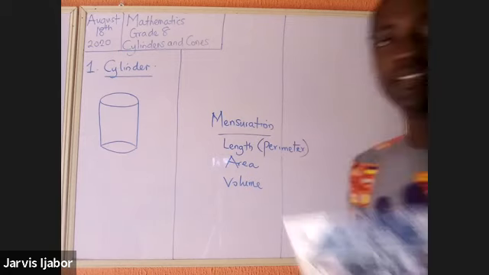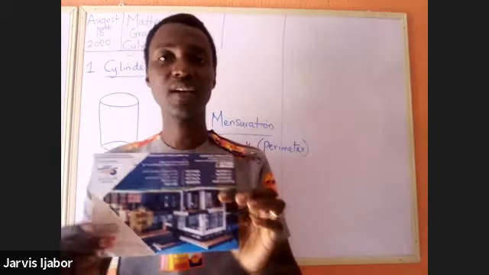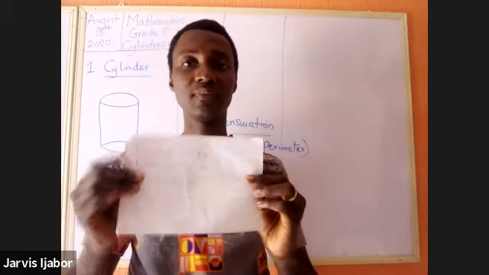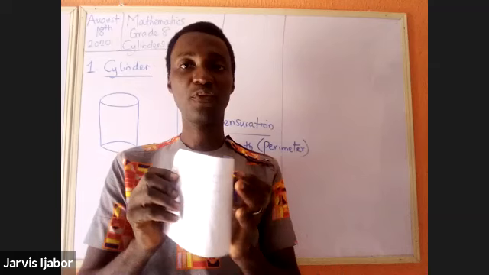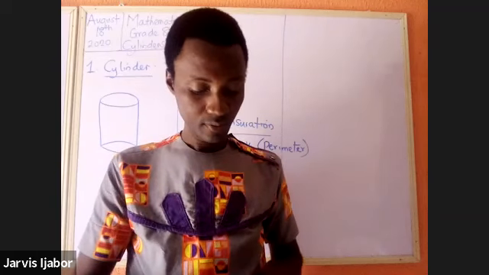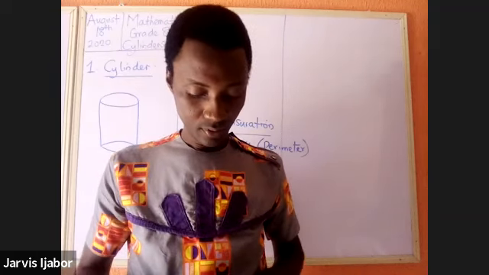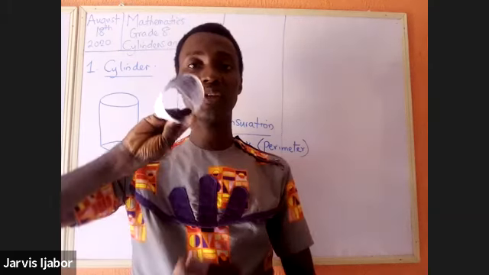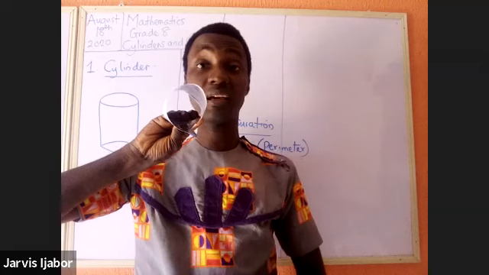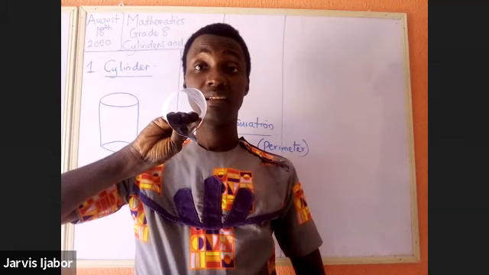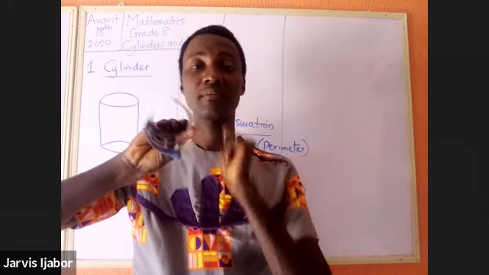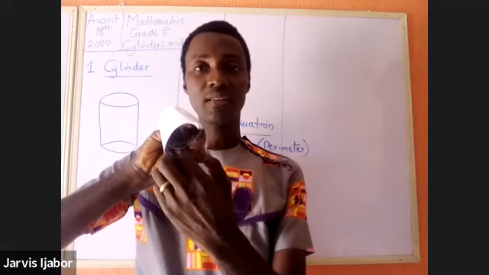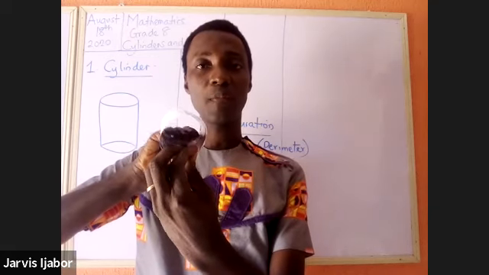This is a rectangle. If I fold it, some people will say roll it. Essentially, the shape I'm going to get will be a cylinder. This is a cylinder, open at both ends. Is that clear? Open at both ends.